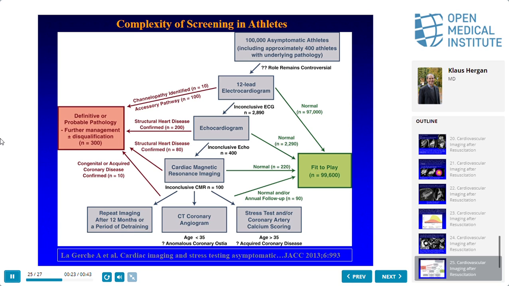And in these cases, only around 100 need immediate or follow-up treatment. So you need a very, very large population of healthy people to find some of them who have problems.